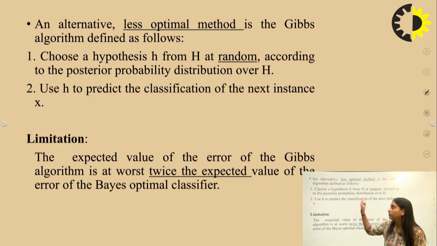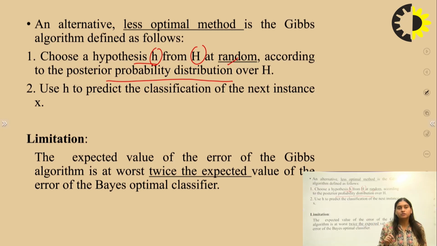And here we have the reasons. This is the algorithm, how we are going to perform the Gibbs algorithm. The first point is that we choose an individual hypothesis h from the capital H at random, according to the posterior probability distribution. As we discussed in the earlier example, we had three hypotheses with the values 0.4, 0.3 and 0.3.